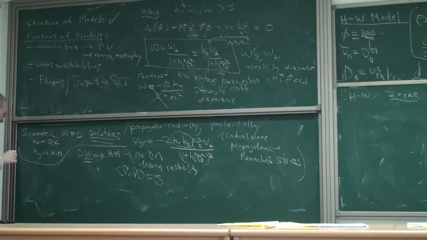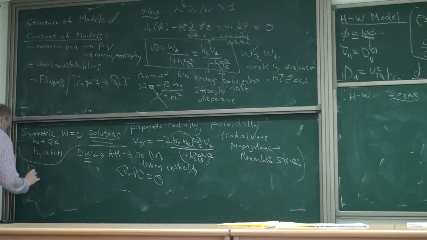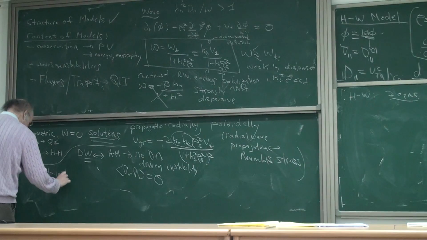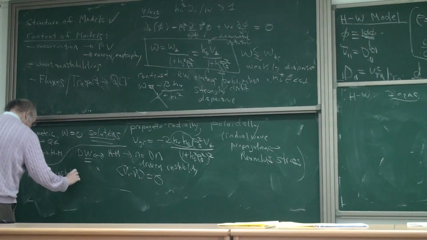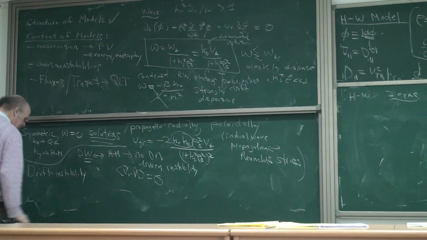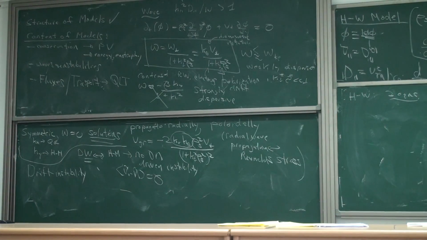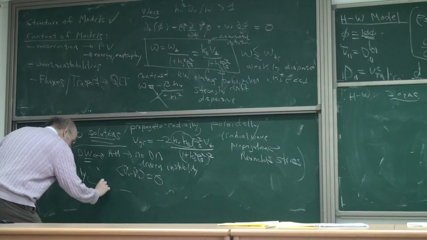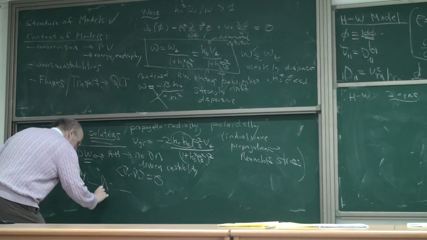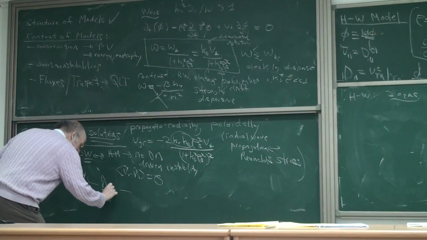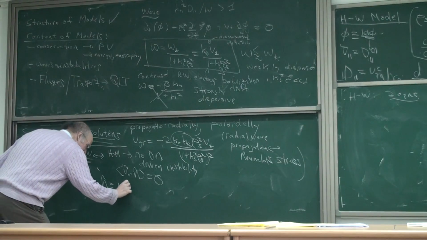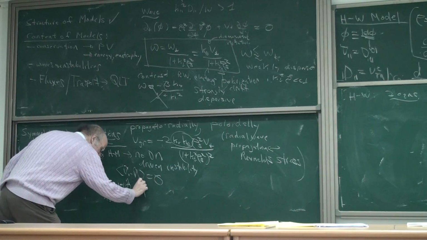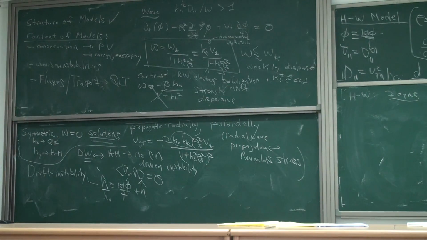So, for what is called a drift instability, you need to keep some kind of correction to the Boltzmann response. So you need n over n_0 now to be equal to e phi over T plus some non-Boltzmann response h.